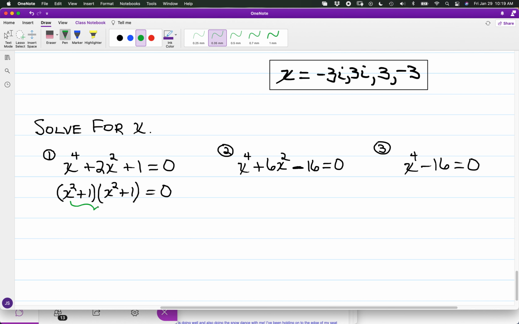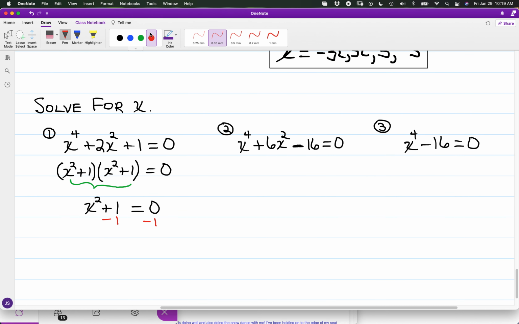And so for the solutions in x, they will come only from x squared plus 1 set equal to 0. Following through, if I isolate x squared, I'm going to have x squared is equal to -1.